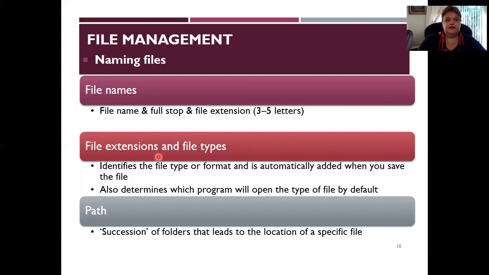Then, file extensions and file types. We have been discussing this since grade 10. It identifies the file type or format that is automatically added when you save your file. It's also going to tell you what type of software I need to open that specific document or file. So an EXE, as I've just said, is an application file.